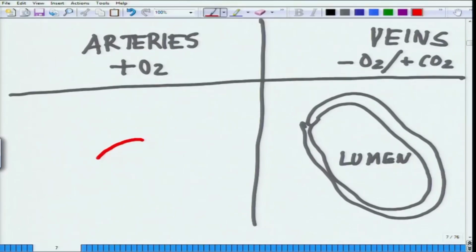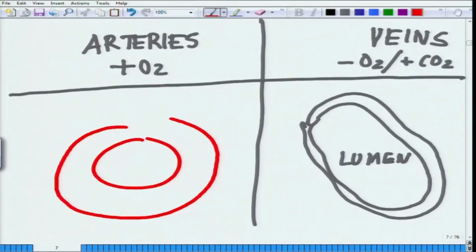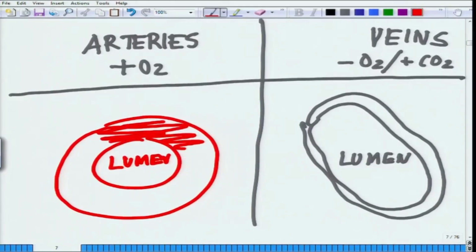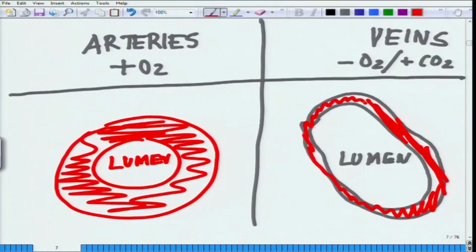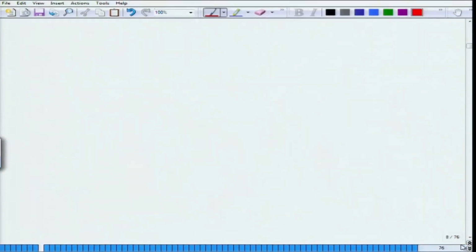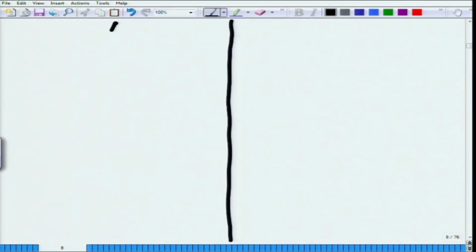Sorry, let me redraw it for you. Okay, this is the lumen. Here, the vessel wall is much thinner, but the lumen is much bigger, and there are reasons for it. Before we get into that, let us talk about the further classifications. I am just indicating arteries with A and veins with V. Okay.